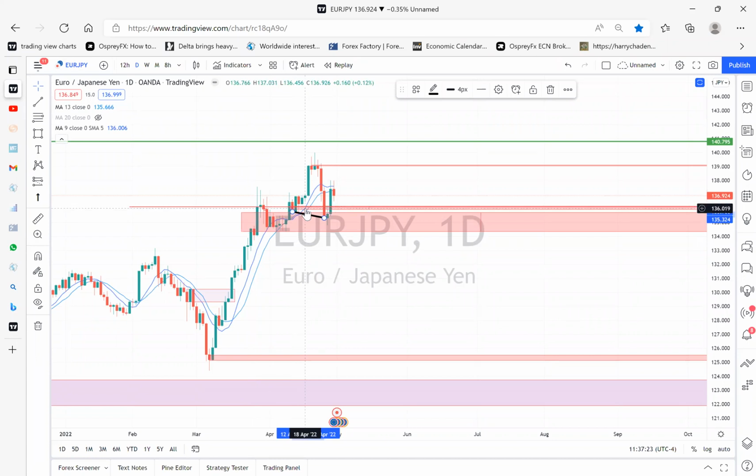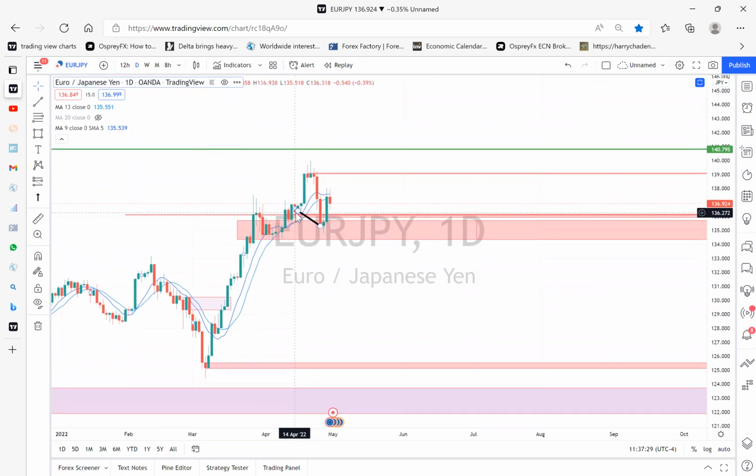So you could have had this low, it's broken. This low, it's broken. So really, this pullback was the first time it crossed your moving averages. So that might have gave you a little clue, but don't worry about the moving averages so much. Look at the structure.